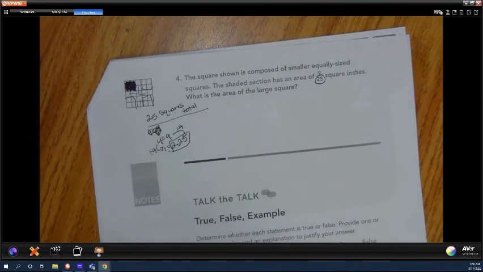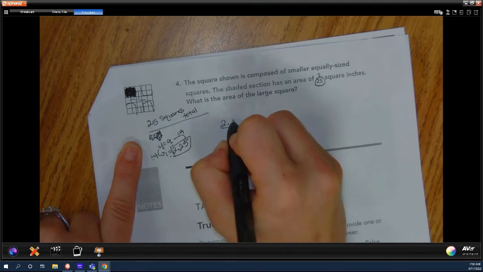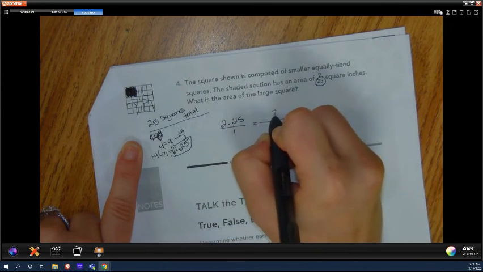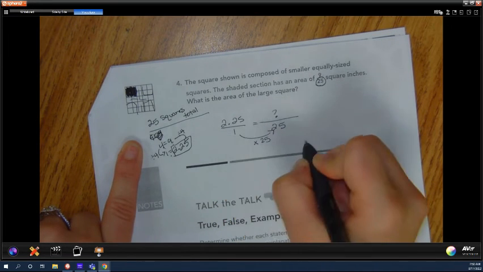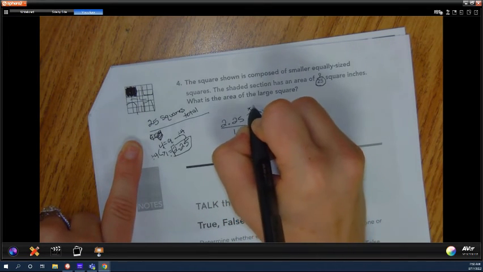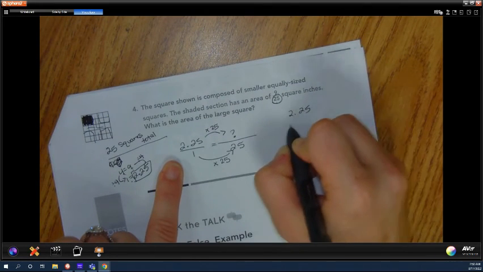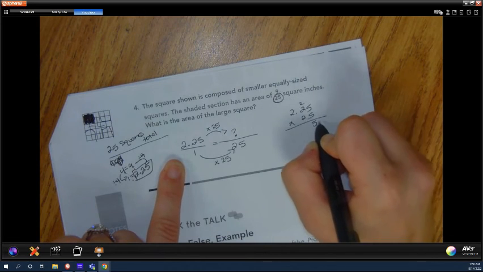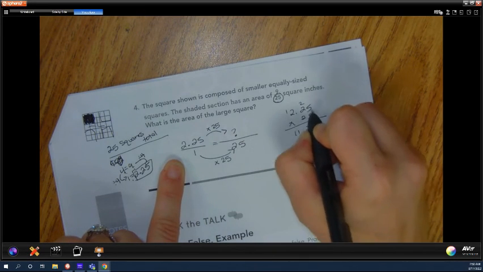All right. Now I need to find the area of the total square. So for 1 square, it is 2.25. Well, out of 25 squares, I want to know what it is. So I go from 1 to 25. I'm going to multiply by 25. What I do on the bottom, I need to do on top. Okay, let's go ahead and do a little bit more multiplication here. 5 times 5 is 25. 5 times 2 is 10, plus 2 more is 12. 5 times 2 is 10, plus 1 more is 11.